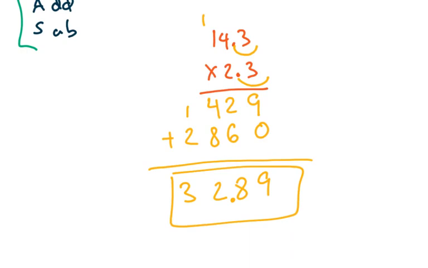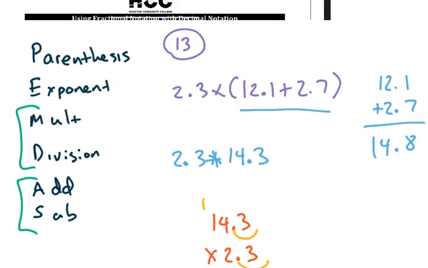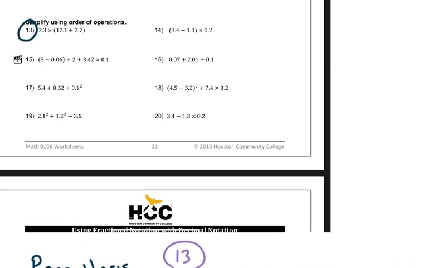So nothing special. We've seen these sorts of problems. Let's move on to the next one. If we look at number 14, we have 3.4 minus 1.3 times 0.2. So let's write that out.